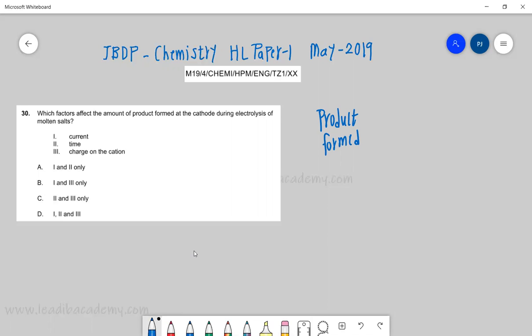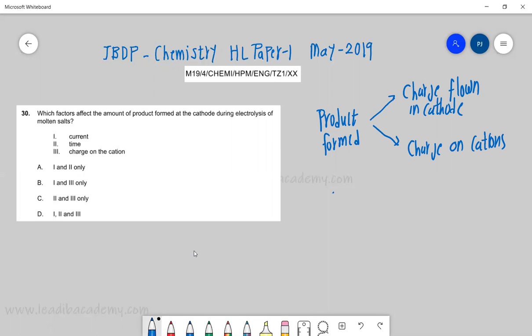basically depends on two things: charge flown in cathode, and second, the charge on cations. So let's understand what I mean by charge flown.